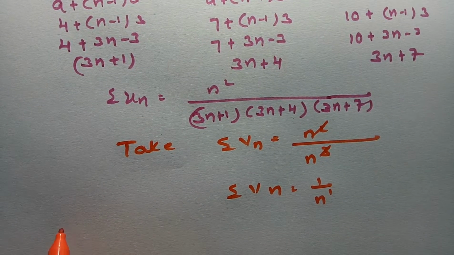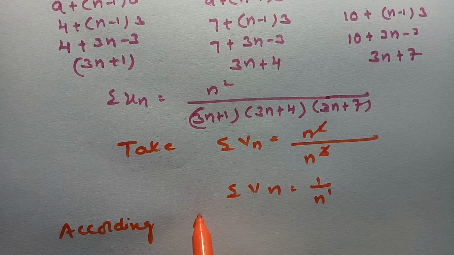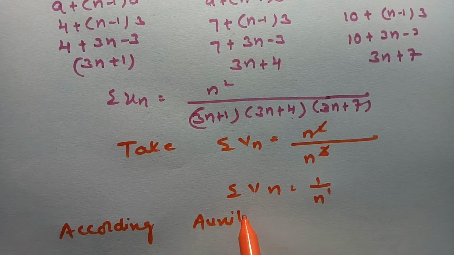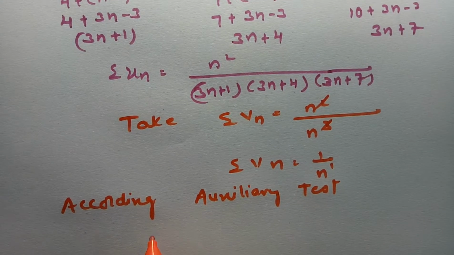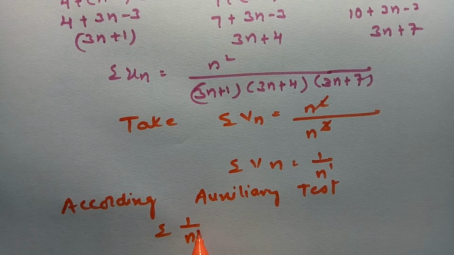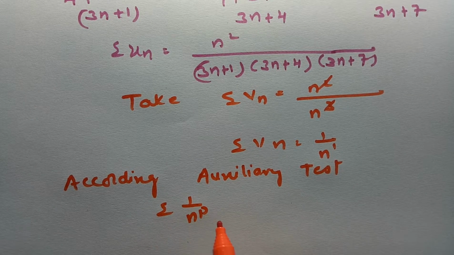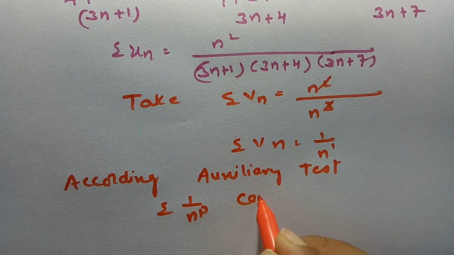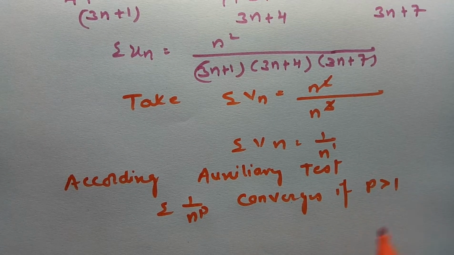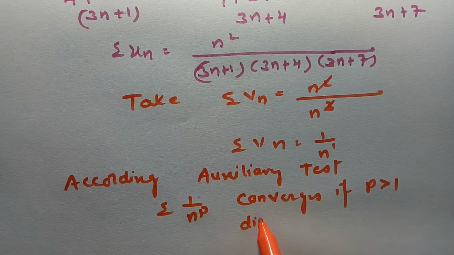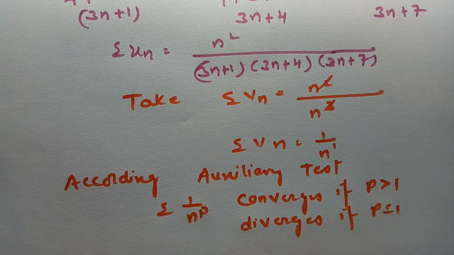According to the auxiliary test, or P test series, if the series is in the form sigma 1 by n power p, it converges if p is greater than 1 and diverges if p is less than or equal to 1.